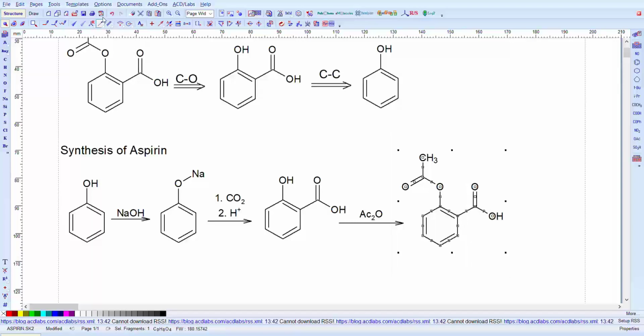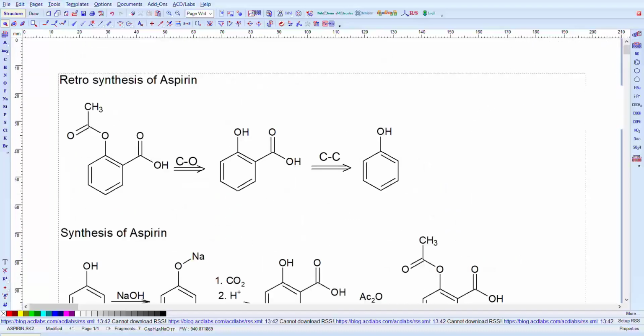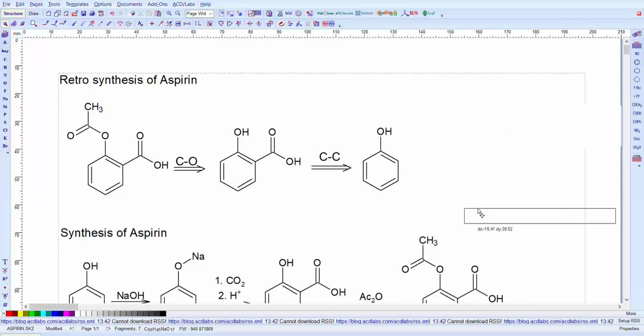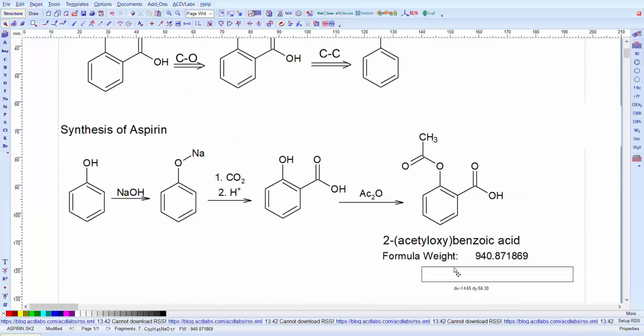So the aspirin is like that here, and we are just taking more parameters, like generating the name, acetyloxybenzoic acid. Then calculate the formula weight, copy to the clipboard, and put it down. Then again use the tool to calculate the molecular formula. This is the molecular formula.